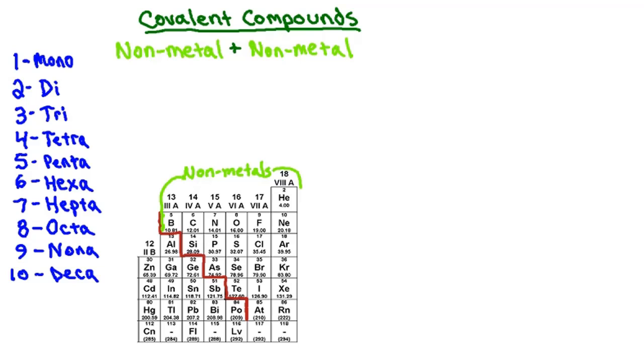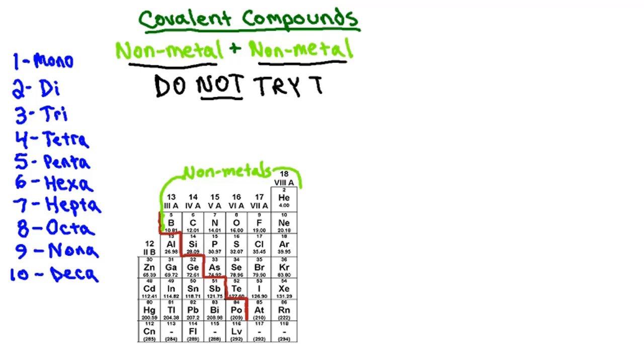Now on covalent compounds, you do not balance the charges out of the elements. So I'm going to write that here. Do not, when it's a nonmetal and a nonmetal together, try to balance the charges.